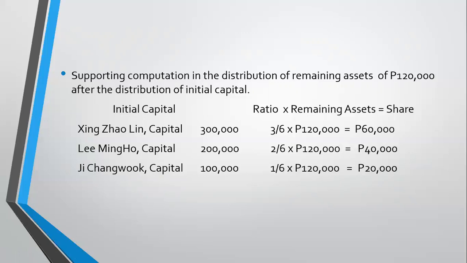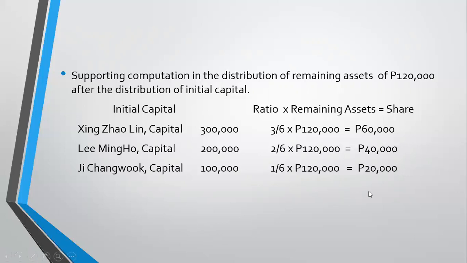We just apply this, determine natin ang ratio ng kanilang capital contribution if the problem is silent. Kasi iyon ang talagang general rule. If the problem is silent regarding the profit and loss sharing ratio, use the ratio of their capital contribution.